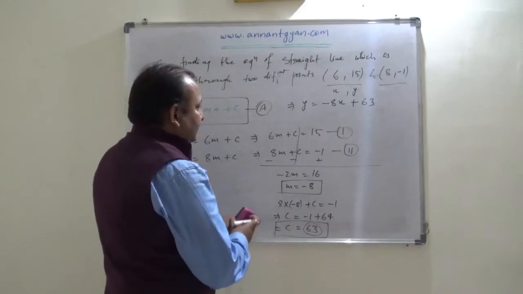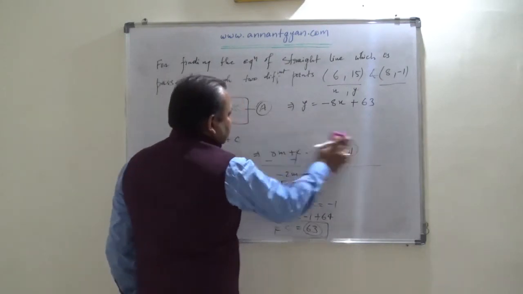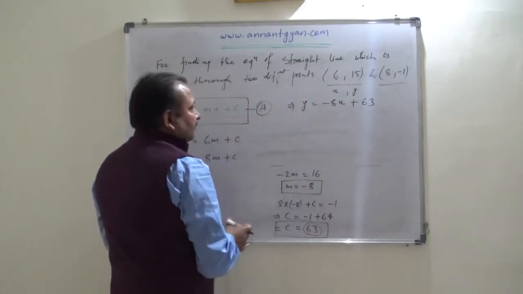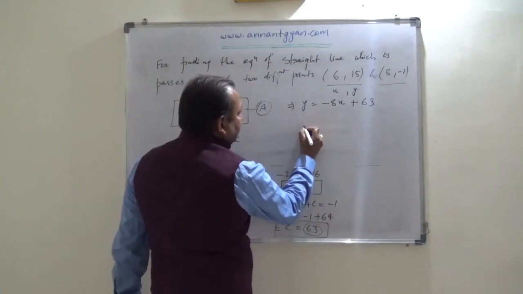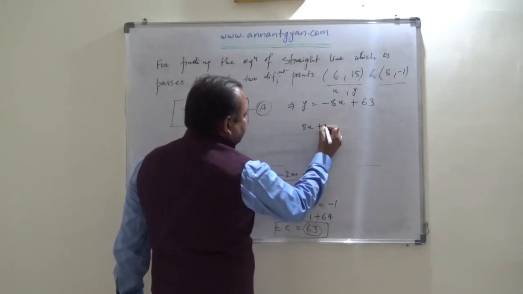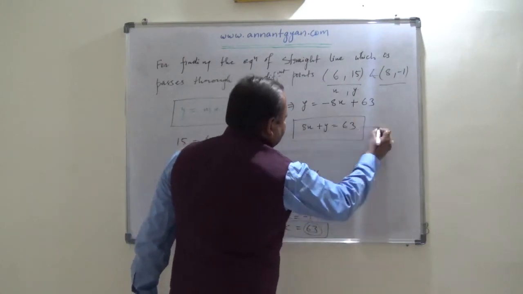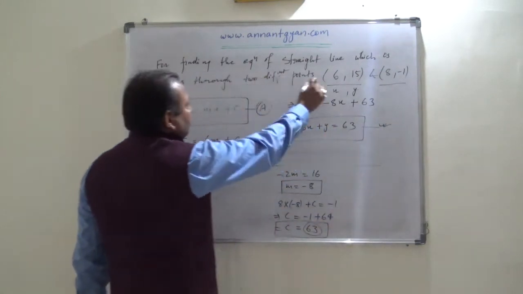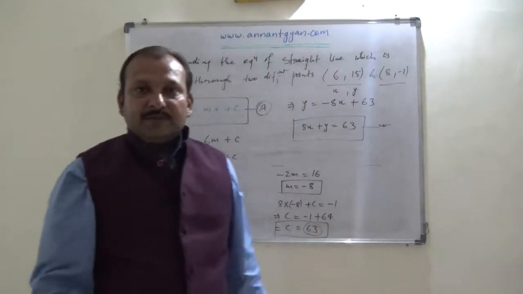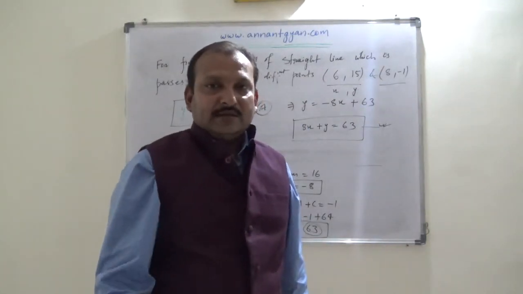So from this we shall get 8x plus y equal to 63. This is the equation of a straight line which passes through these two different points. This is one of the first methods to get the answer.